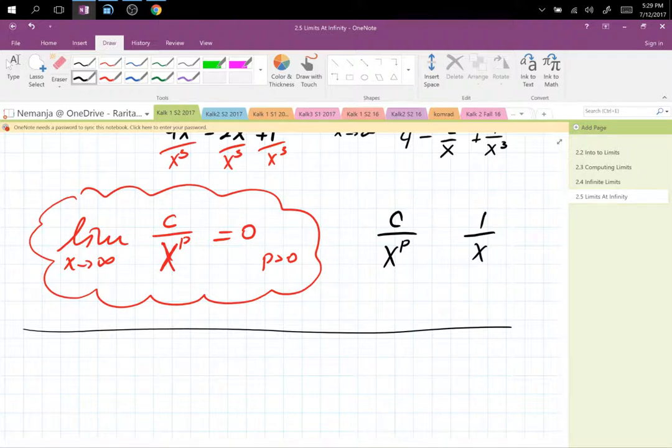All right, and now finally, drum roll, we need to define the horizontal asymptote.